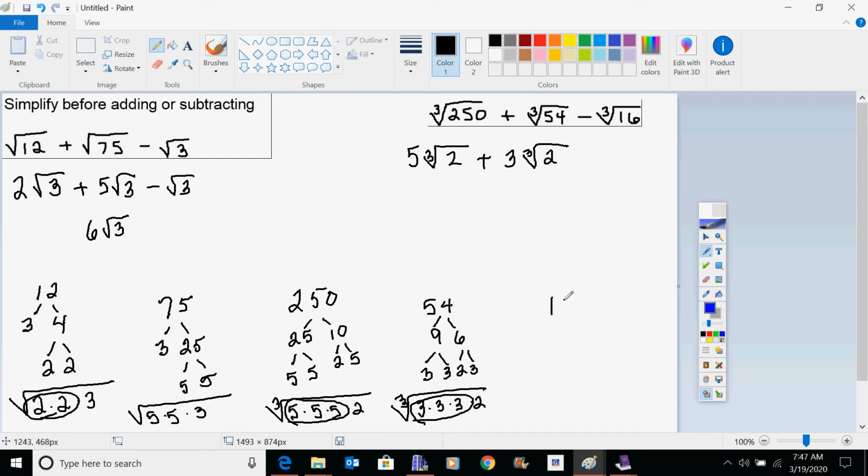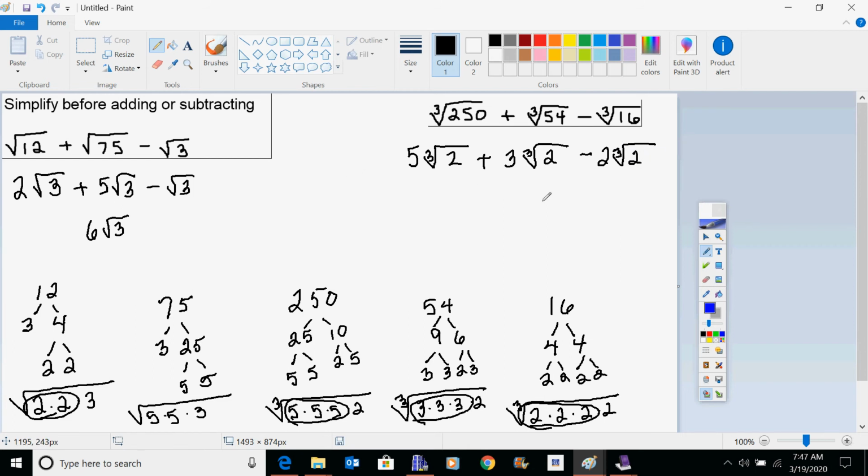And 16 breaks down into 4 and 4. Each one of those breaks down into 2's. So once you've got that, and you've got 4 2's, you have 3 that would give you the cube root of 8, which gives you 2, and 1 leftover lonely 2 inside.